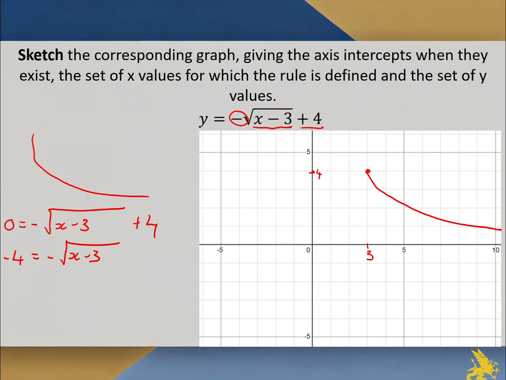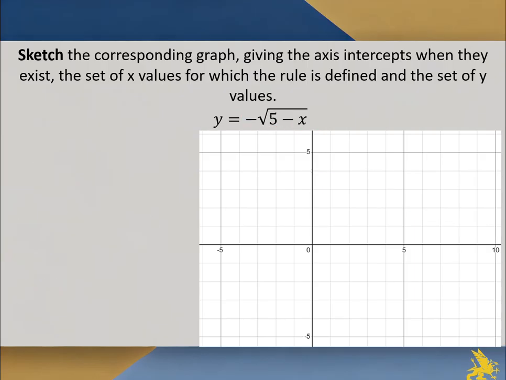The next part, I'm just going to cancel out the negatives and then power each side by 2. So that will give me 16 is equal to x minus 3. And finally, I'm just going to add 3. So the x-intercept will be 19. I should have technically drawn my graph a bit bigger.